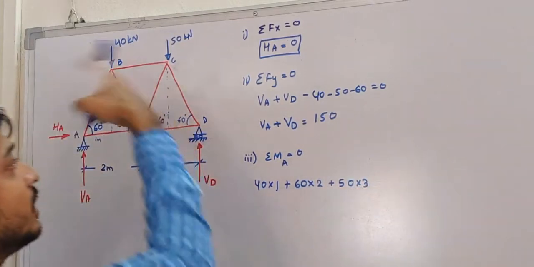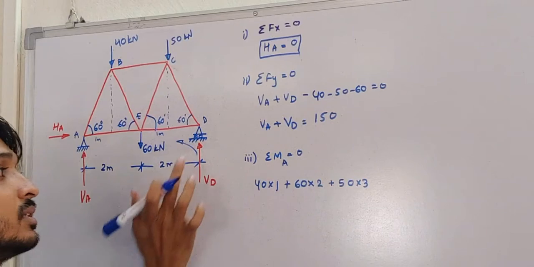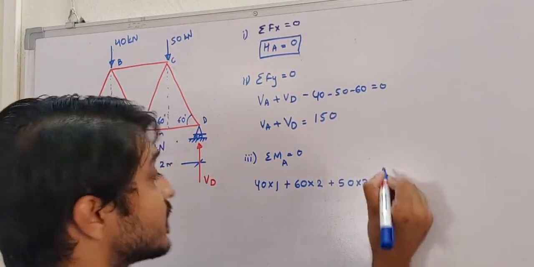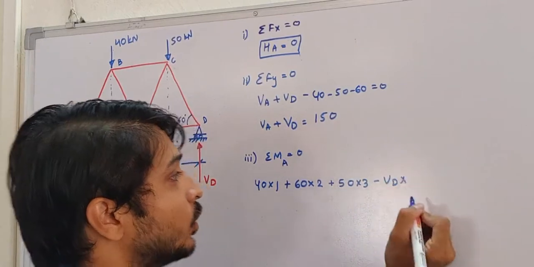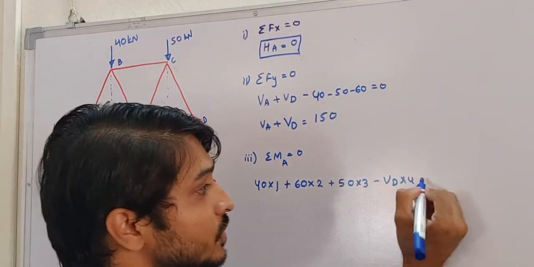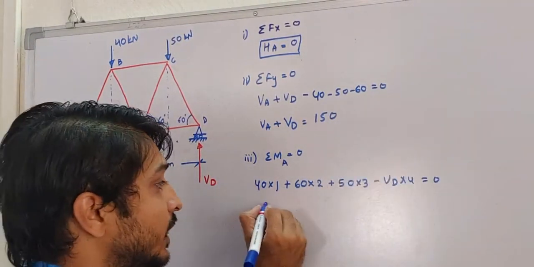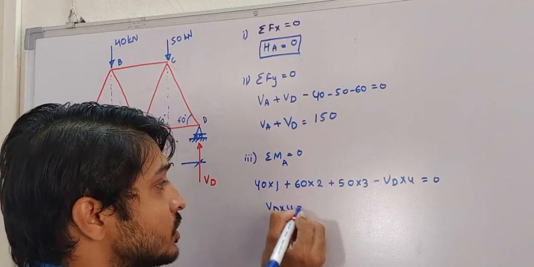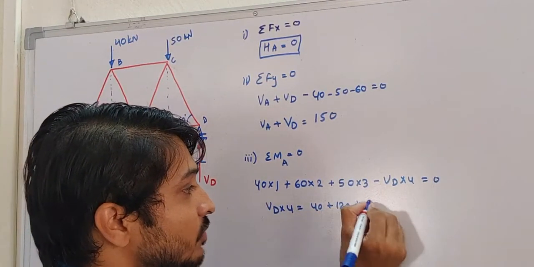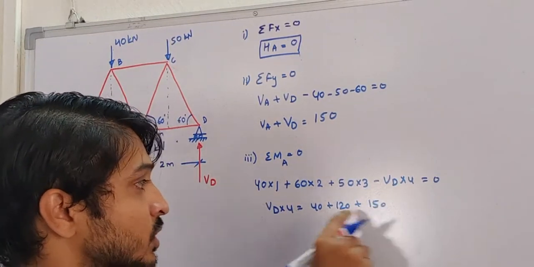VD will create an anti-clockwise moment, so minus VD into 4 meters, the total distance, equals 0. Sending this to the other side, VD into 4 equals 40 plus 120 plus 150, which is 310.